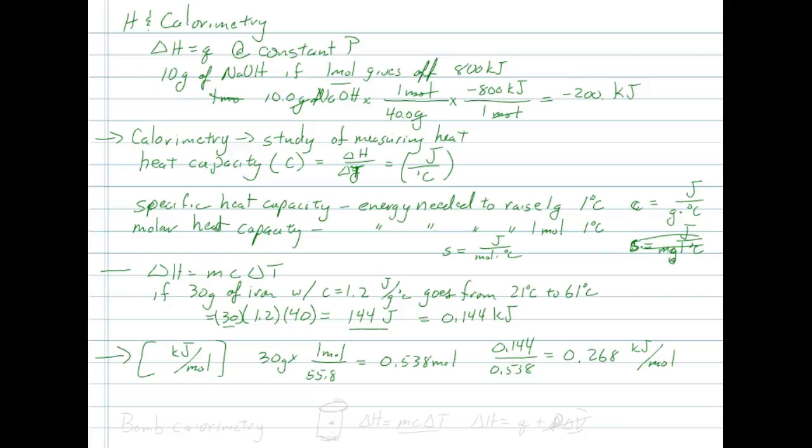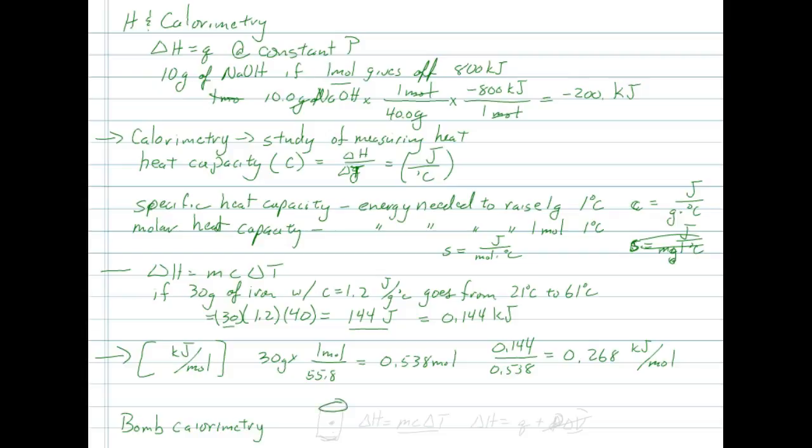Bomb calorimetry is used extensively when you produce a gas. So what you do is you keep it under constant volume. The pressure changes, but the volume's not changing, so that's not a factor there. The math is the same. The bomb calorimeter is essentially a hand grenade just waiting to go off.